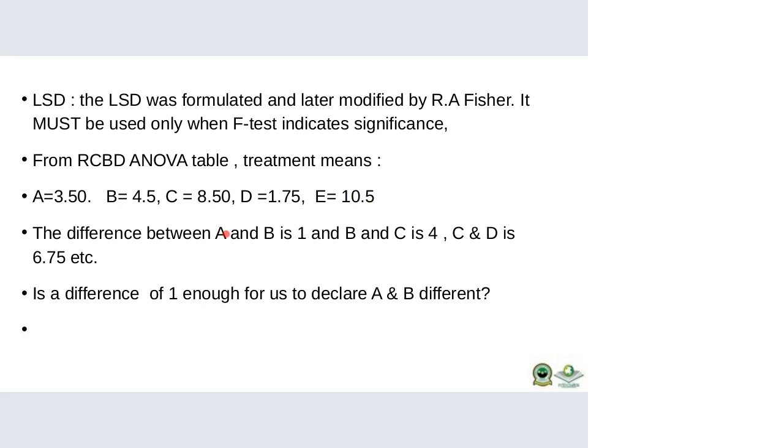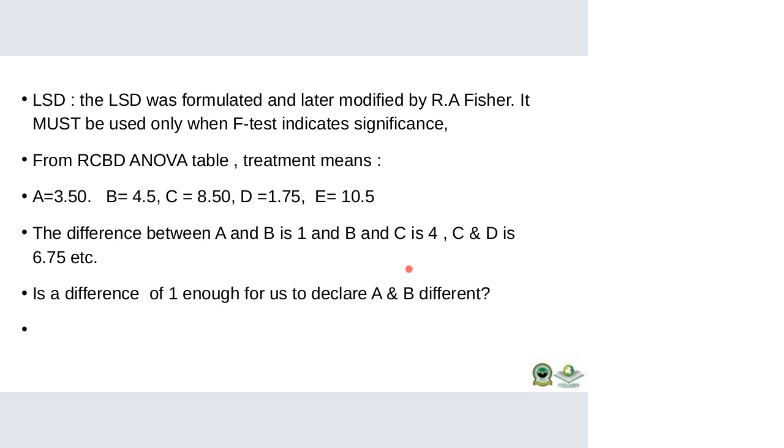Now, the difference between A and B, 3.50 and 4.5, is 1, and B and C is 4, and C and D is 6.75, and so forth. Is a difference of 1 enough for us to declare A and B different? That is the issue.